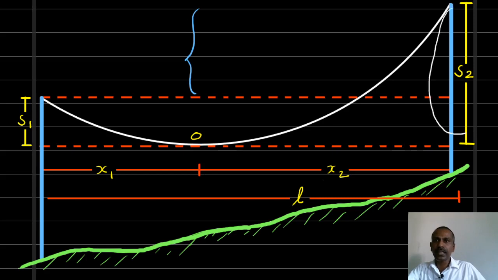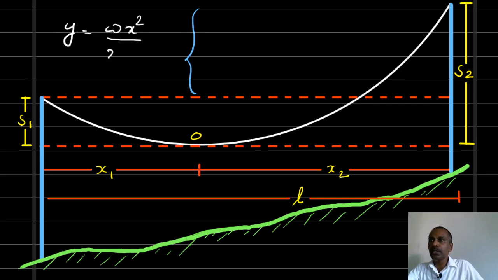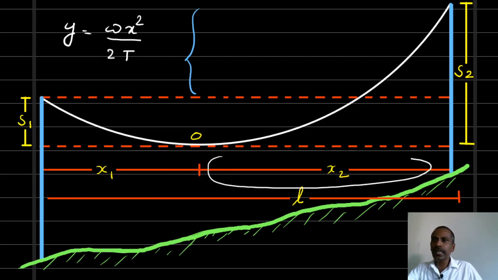The sag with respect to the right side tower is s2. Now our general expression for this curve is y is equal to W x square divided by 2T. If we substitute x1 in this expression, we will get the sag s1. If we substitute x2 in this expression, we will get the sag s2.